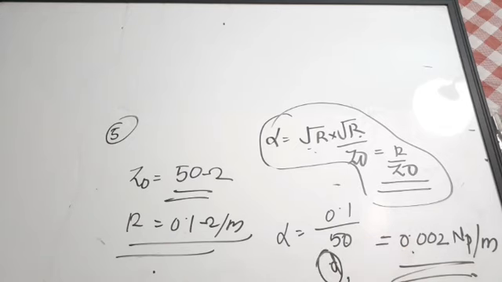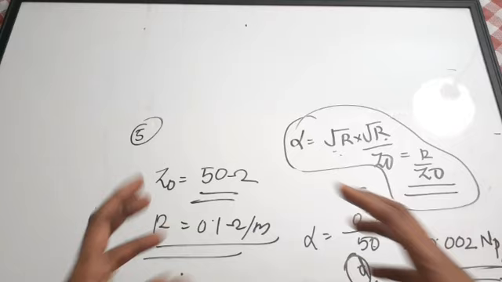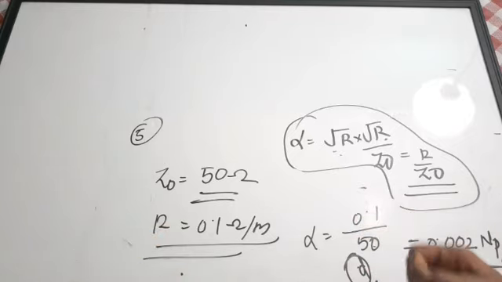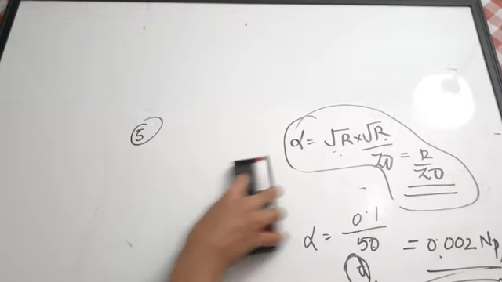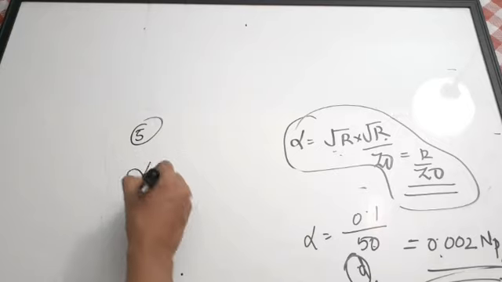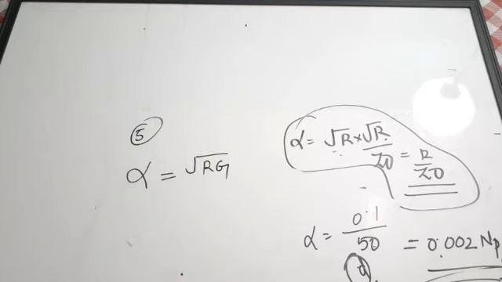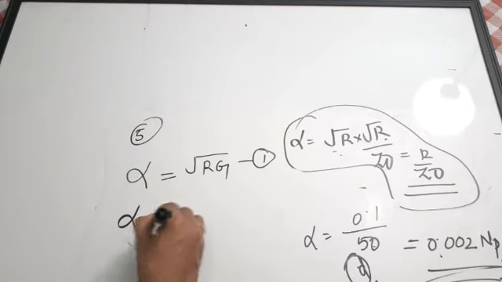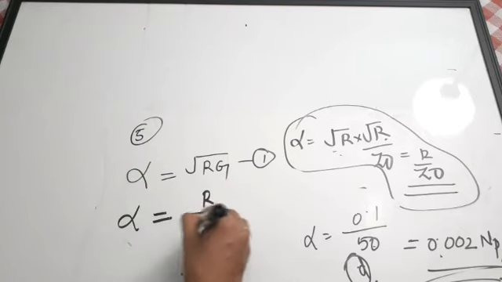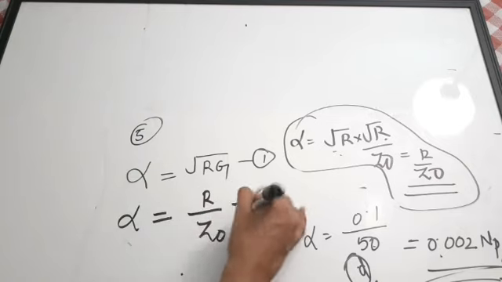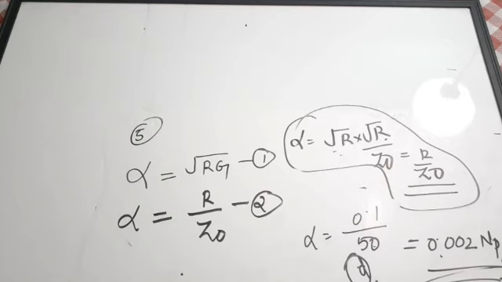If you have trouble remembering these solutions, how you get this equation and all, just remember that the equation for attenuation constant alpha is either square root of RG, or alpha equal to R by Z0. These are the two equations for attenuation constant.